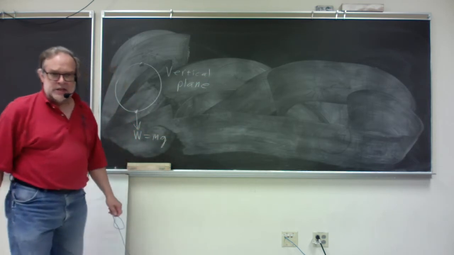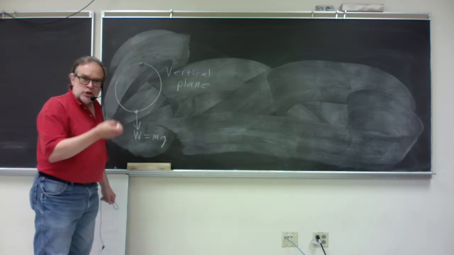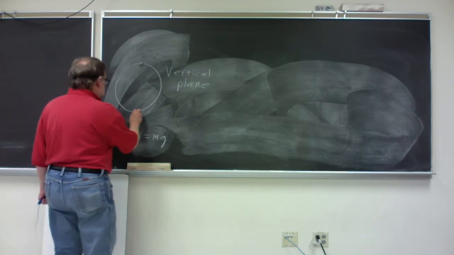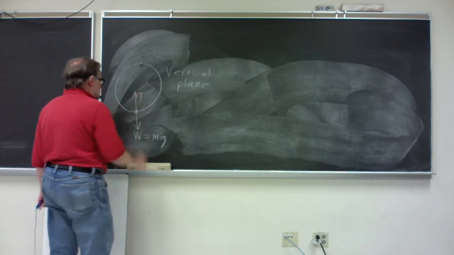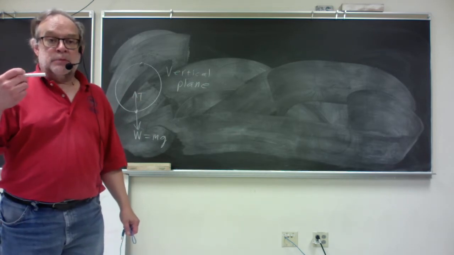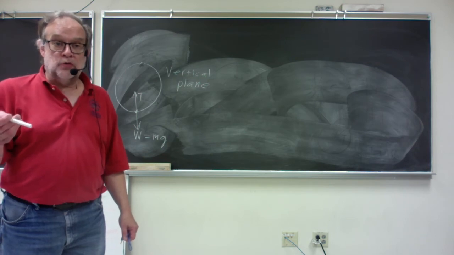Magnitude of weight is mass times gravitational acceleration. And then the tension is always pulling in towards the center of the circular path. So the tension is like that. Since the plug is moving in a circular path, we know there must be a centripetal force.